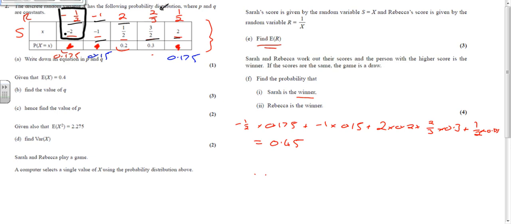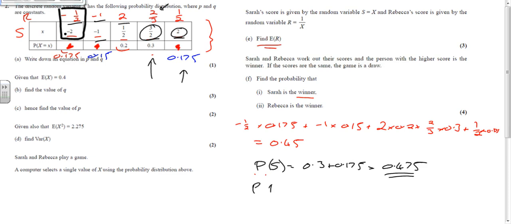If the computer picks out 2, then Sarah gets 2 and Rebecca gets a half. So the ones where Sarah's the winner are if the computer picks out 3 over 2, because that's bigger than 2/3, and 2, which is bigger than a half. So the probability that Sarah's the winner is this probability plus this probability. So it's going to be 0.3 plus 0.175, which equals 0.475.